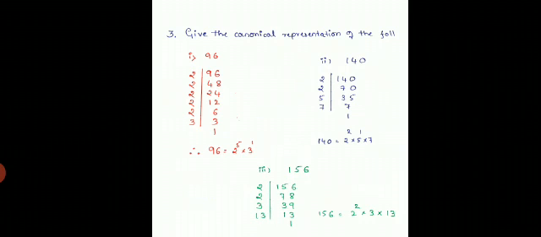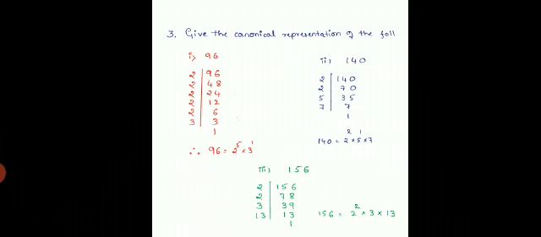Next sum. Give the canonical representation of the following. Here they have asked only to find the canonical representation. So the first one is 96. So 96 ends in an even number, so divide it by 2. When you divide it by 2, you get 48. 48 divided by 2, you get 24.